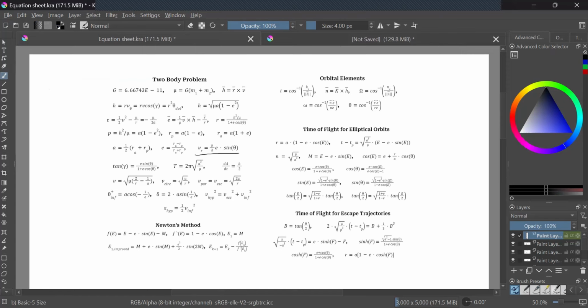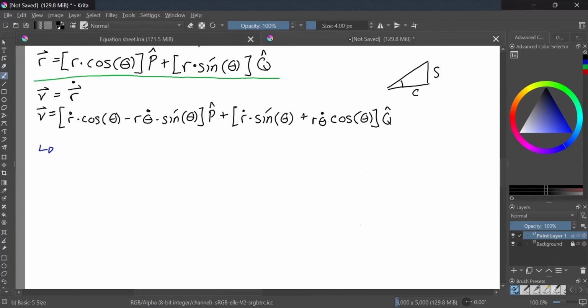And we have r squared theta dot. If we divide out an r, we can have an h over r. So we have components for an r dot and an r theta dot. Let me copy those over. We have r dot is equal to mu over h times e times the sine of theta.